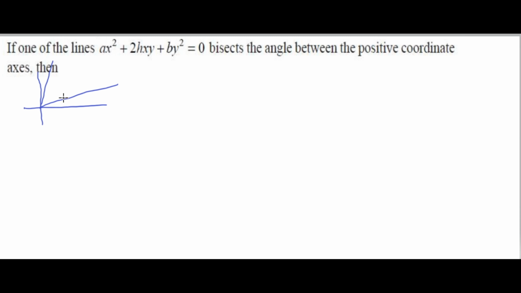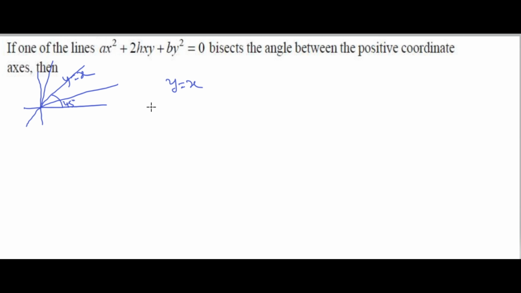This line bisects the coordinate axes. So the angle is 45 degrees, that is y is equal to x. This y is equal to x line bisects the positive coordinate axes.